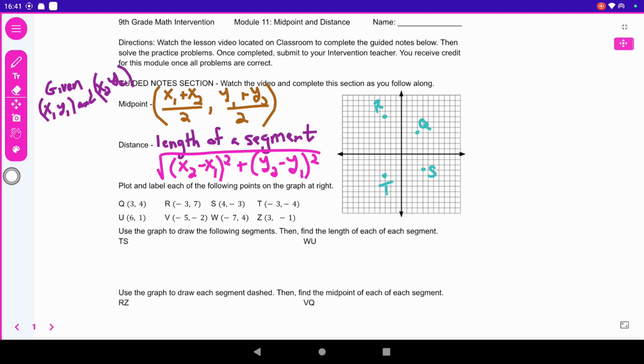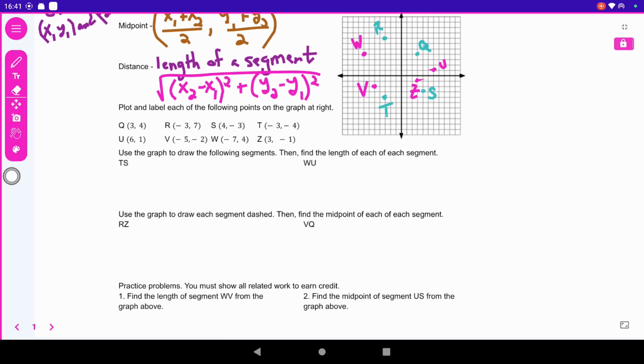U is 6, 1, so 2, 4, 6, 1 is U. V is negative 5, negative 2, so 2, 4, 5 left and 2 down is V. W is negative 7, 4, so 2, 4, 6, 7 left and 4 up is W. And then Z is 3, negative 1, and that's point Z. All right.